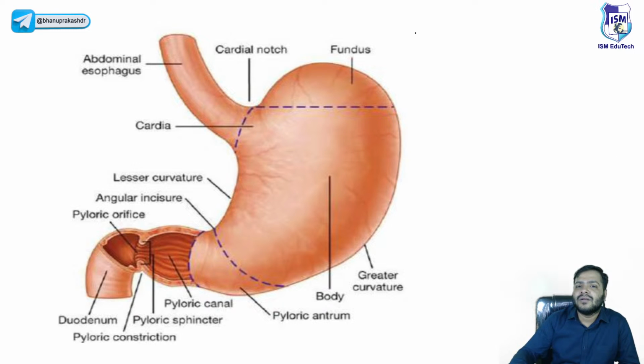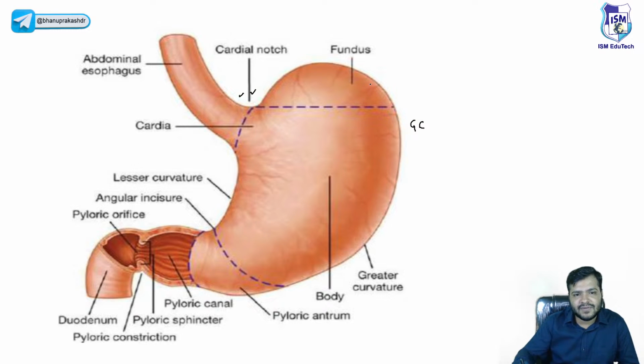Now, beta, you already know the cardiac notch that is shown, and from the cardiac notch a line is drawn towards the greater curvature, and this is called the fundus of the stomach, right?